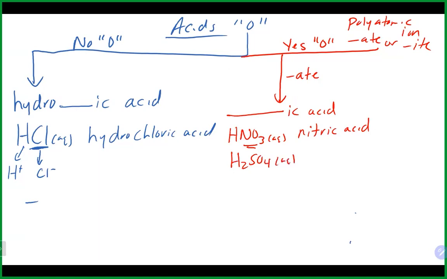H2SO4. SO4 is sulfate, which means this should be called, what do you think it should be called? Sulfuric acid. Once again, there are two hydrogens here to balance out the charge on the sulfate, which is -2.